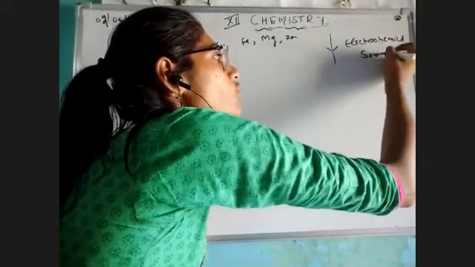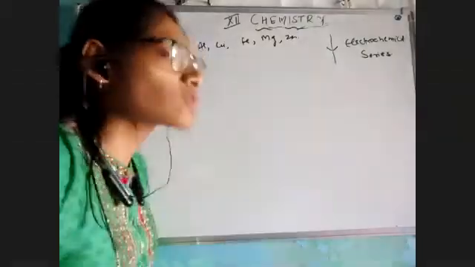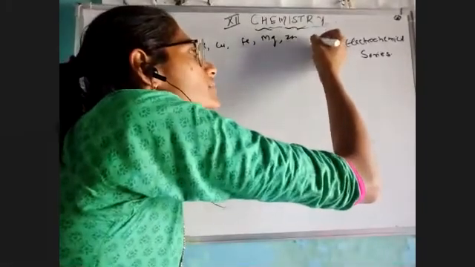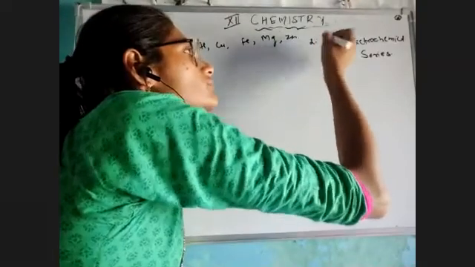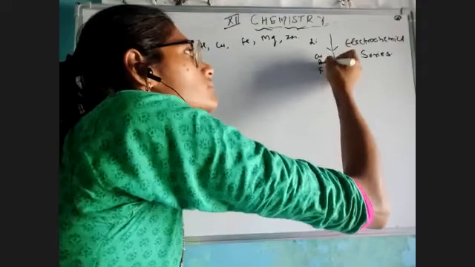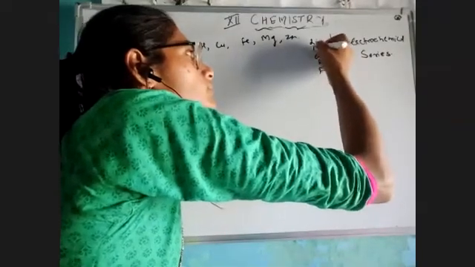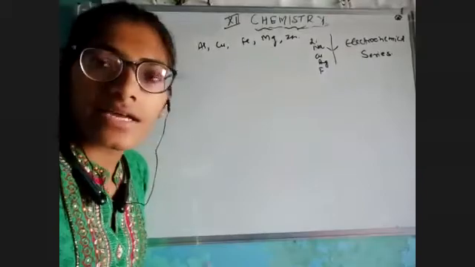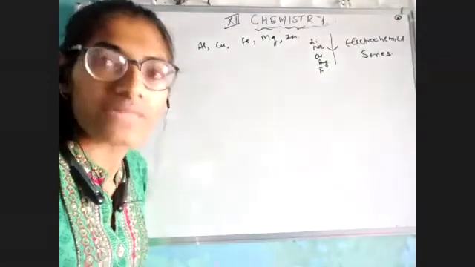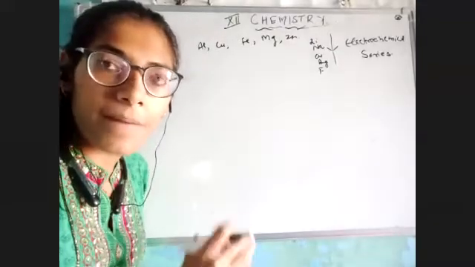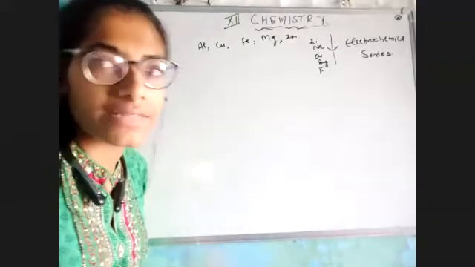On the basis of reduction potential and oxidation potential, we can easily arrange them in the order of their reactivity. We need to check which metal is more reactive than the other.